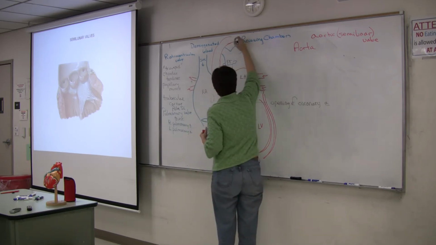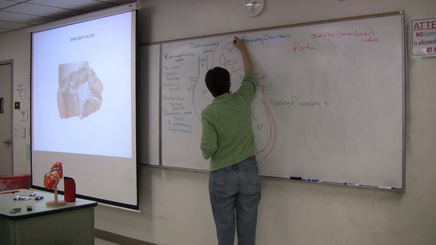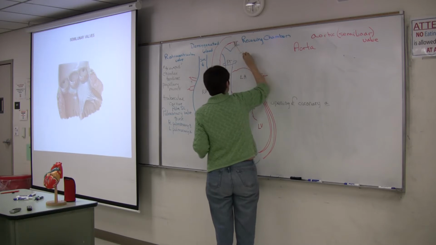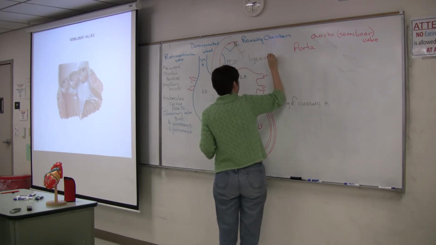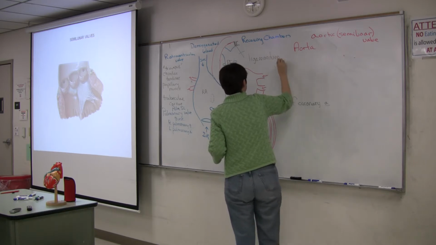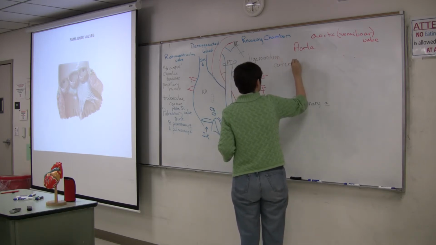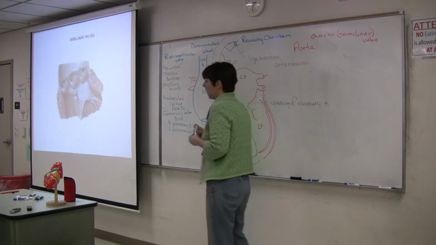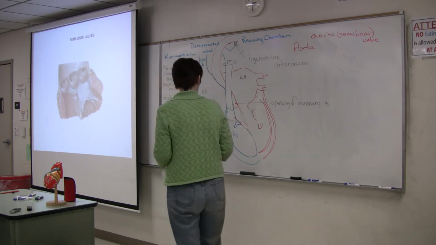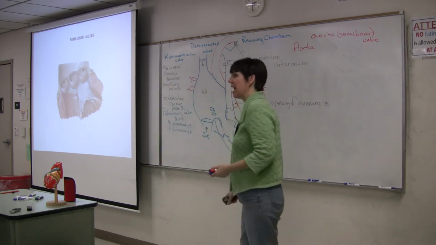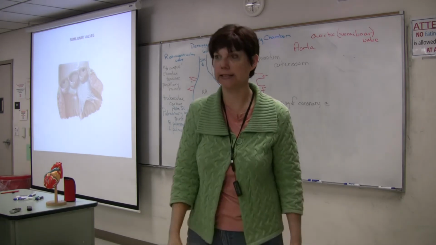It's closed, it's solid after the baby is born. It fills in with collagen fibers. But before the baby is born, it's open. It's a channel, a short blood vessel or duct.